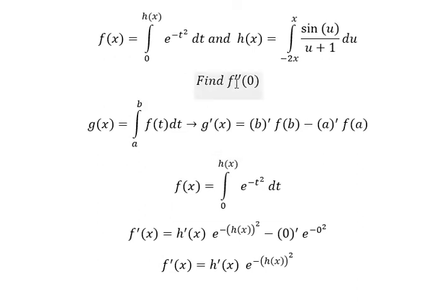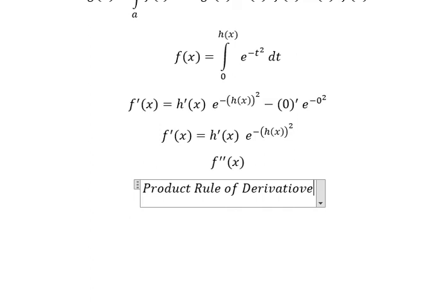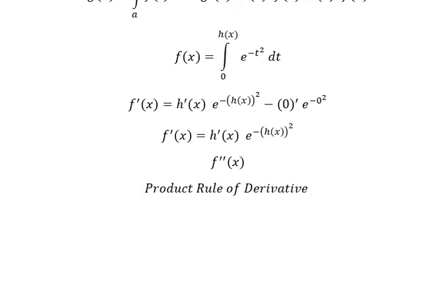Now they want to find the second derivative. If we do the second derivative, we will apply the product rule of derivative. That means we have y equals uv.